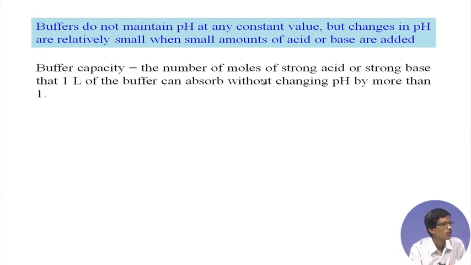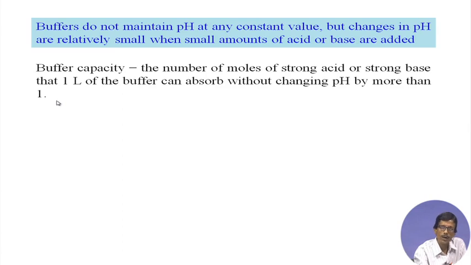So, a buffered solution of 1 liter can absorb a strong acid or a strong base, and the corresponding number of moles of acid or base that can be added to 1 liter of buffer such that the pH does not change more than 1.